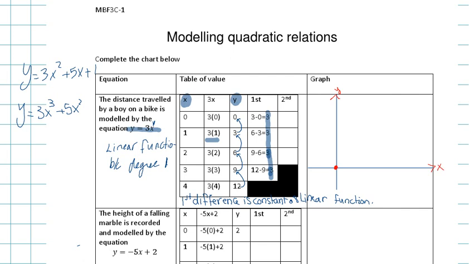I don't want to see graphs on the test with no numbers on them. Okay, my second point is 1, 3.